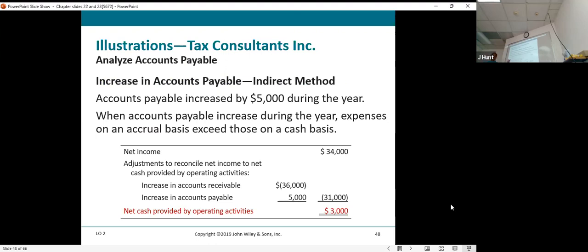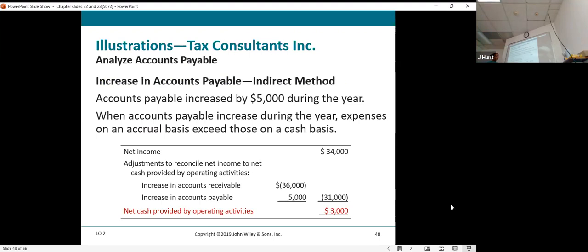So you have net income, you adjust it: adjustments to reconcile net income to net cash provided by operating activities. The goal of this is to say this net income on an accrual basis, we can convert it to net income on a cash basis. That's what this is really doing.